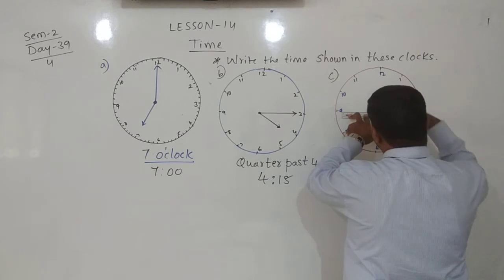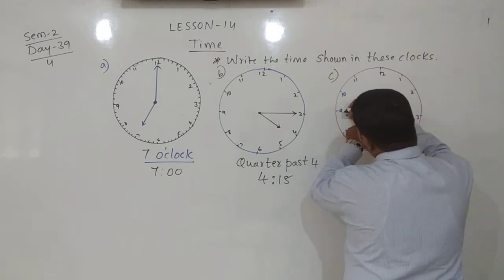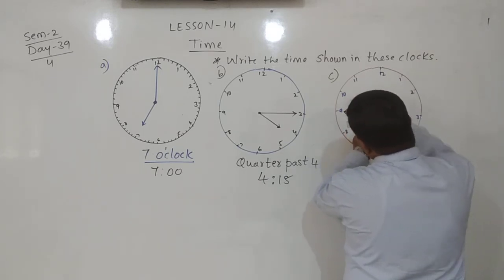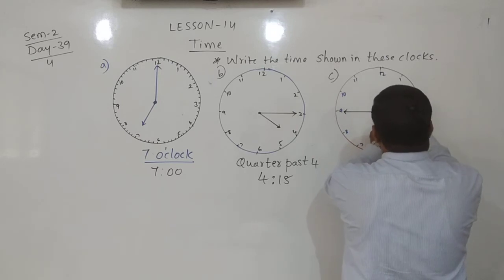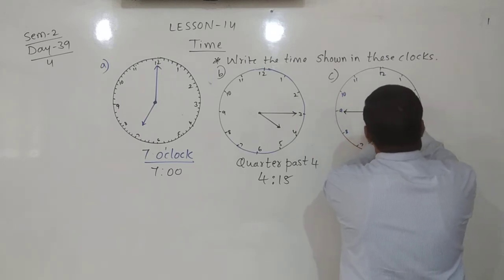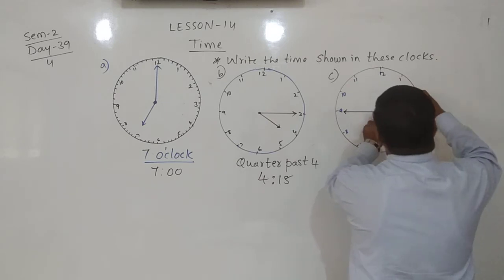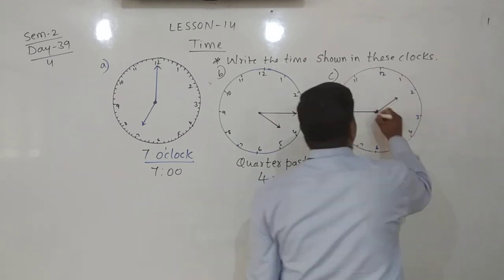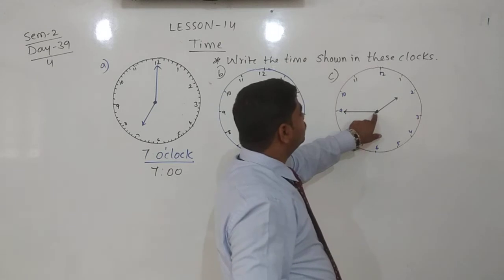It is pointing there and it is a little before. Then we can read the time. It is quarter to 2.